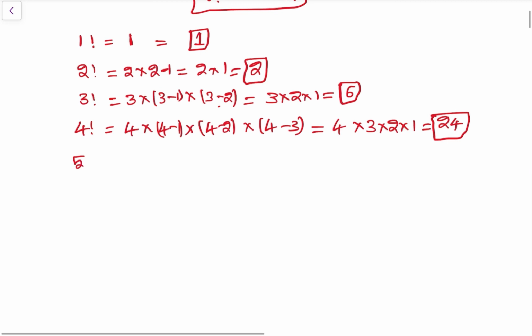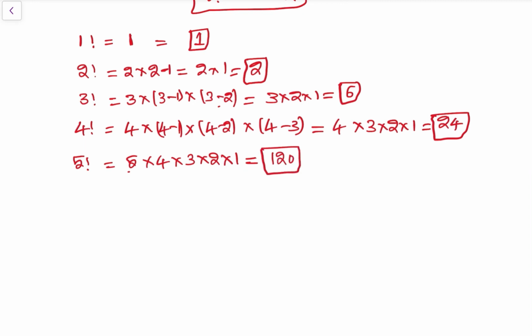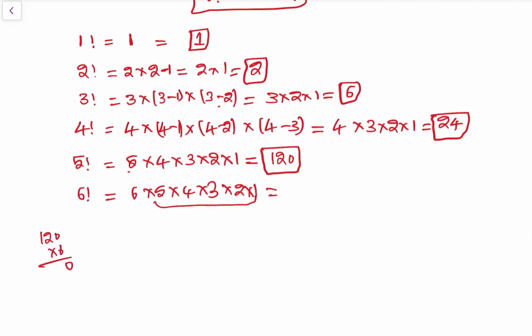Then 5 factorial is 5 into 4 into 3 into 2 into 1. ठीक है, so that is 24 into 5. यही हो गया ना. So 24 5s are 120. So 120 is the answer for 5 factorial. Then say 6 factorial, that is 6 into 5 into 4 into 3 into 2 into 1, that is 120 into 6. So we need to do 120 into 6. 120 multiplied by 6: 6 zeros are 0, 6 2s are 12, 6 1s are 6, plus 1 is 7.